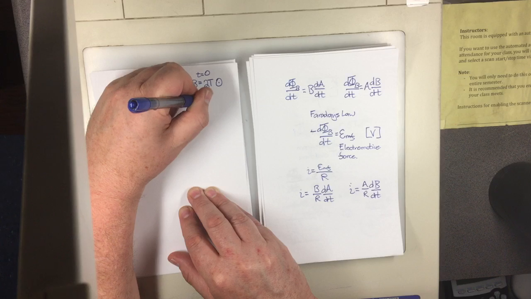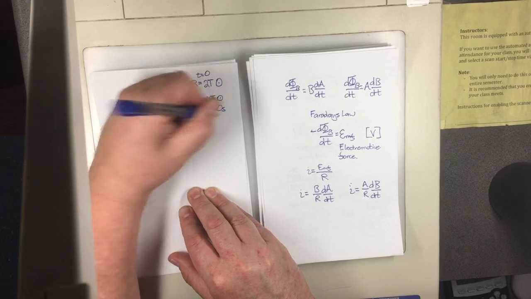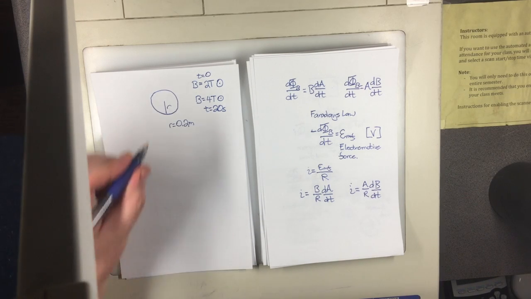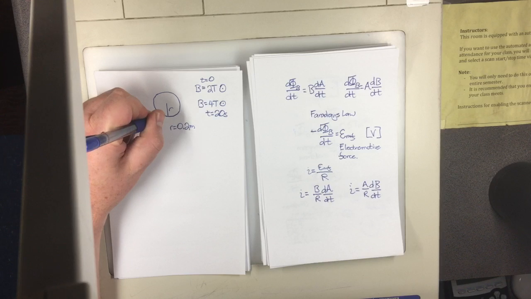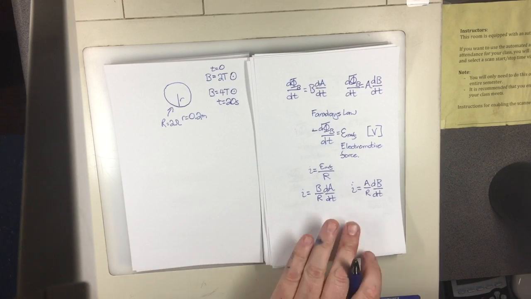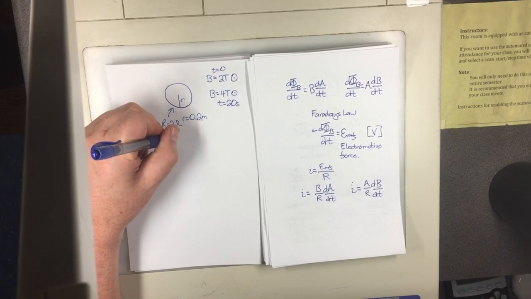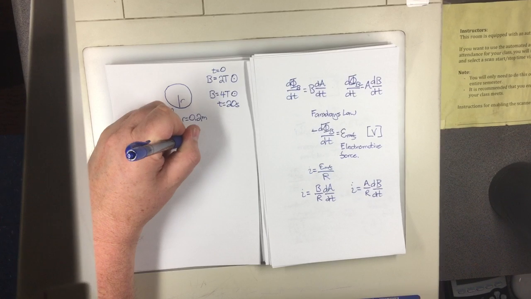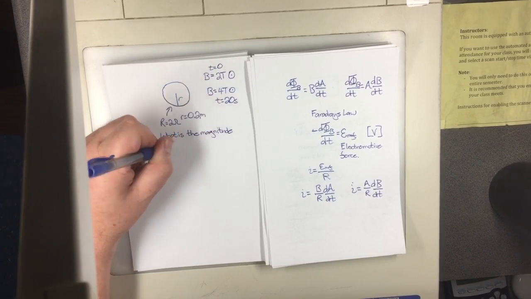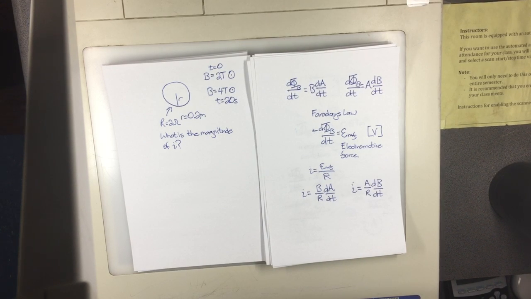The B field is 4 Tesla out of the page at time equals 20 seconds. The resistance of the wire, big R, is 2 ohms. The first thing I want to know is, what is the magnitude of I? We'll add more to this problem in a little bit, but we got to go over the basics.